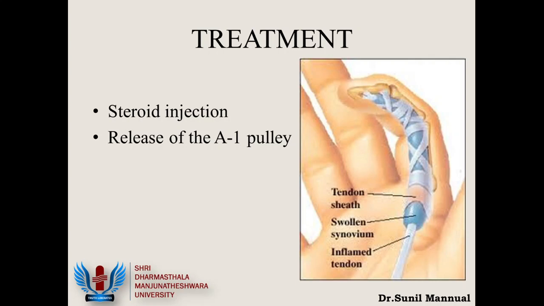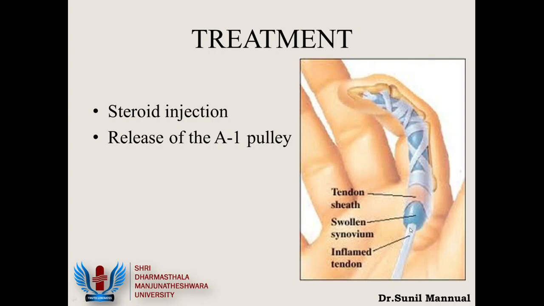A trigger finger in the initial stages does not require any treatment. However, over a period of time, it can either remain in the same way or it can progress. If it is progressing, it can also become painful, in which case our job would be to help release the A1 pulley. So now we understood that the pulleys are helping in increasing efficiency.